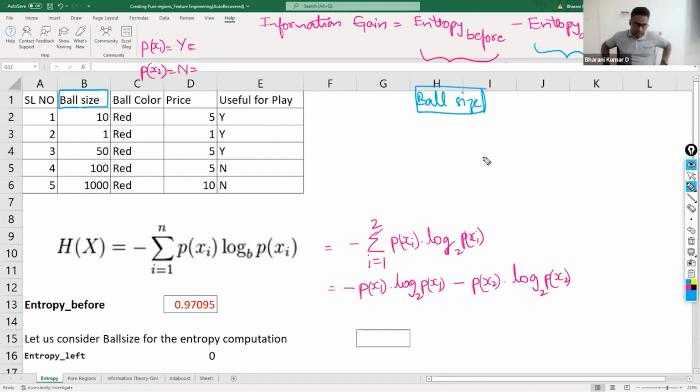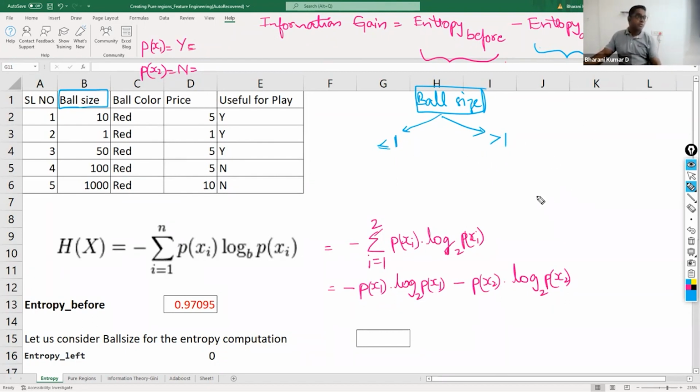then what decision tree does is, okay, it is going to first split the tree using 1. It will take the minimum value, 1. It will say, okay, if the ball size value is less than or equal to 1 and greater than 1, it will use this as one condition. It will calculate the entropy.